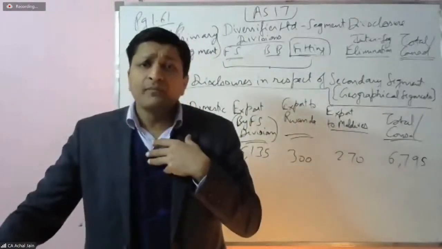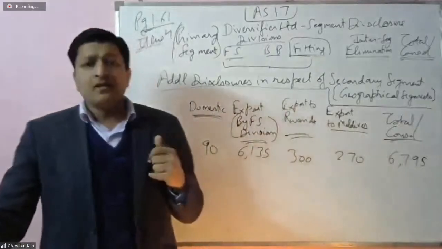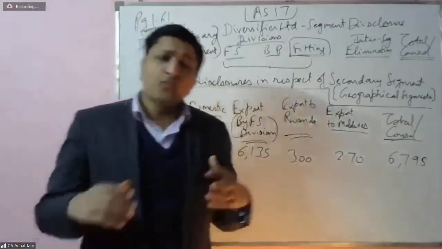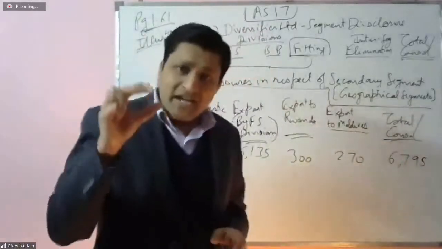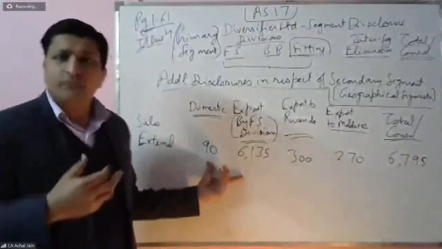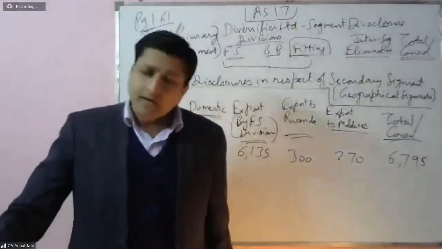Otherwise, it will become not very useful for him. Idea is not to provide too bulky information, but to provide him some additional information which is going to be useful for some more analysis. Clear on this part?